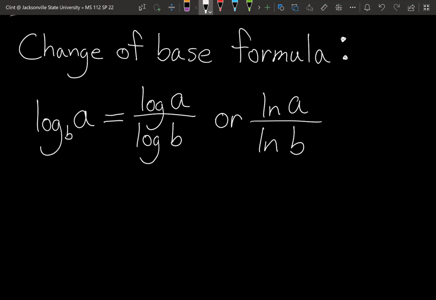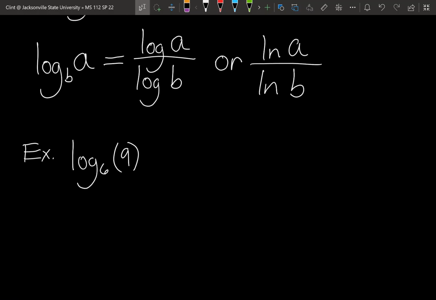So the way that's useful is if we have something like, let's see, log base 6 of 9. Our calculator might not do base 6 logarithms.